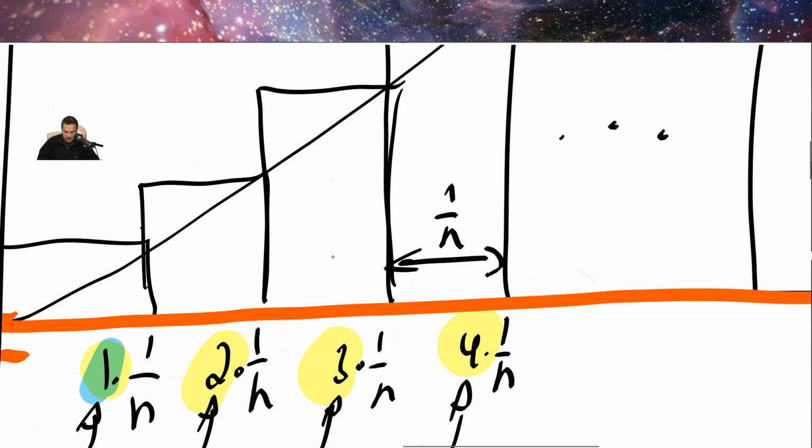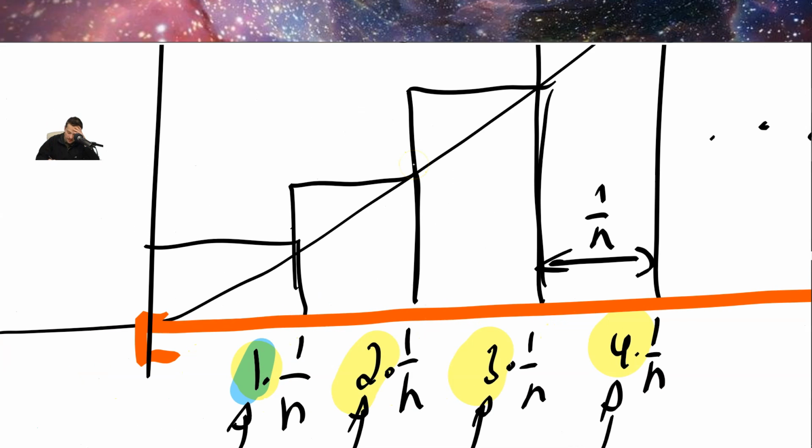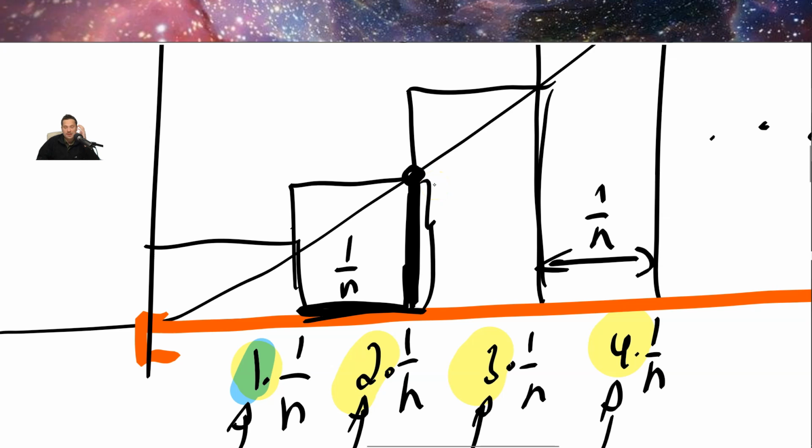So let me show you this in a somewhat more dramatic fashion. For example, like this right here. That would be equal to the value of the function, roughly speaking. And this is the base of the rectangle. So the base of the rectangle is 1 over n. And this quantity would be equal to, say, 2 times 1 over n, and then the whole thing would be squared.